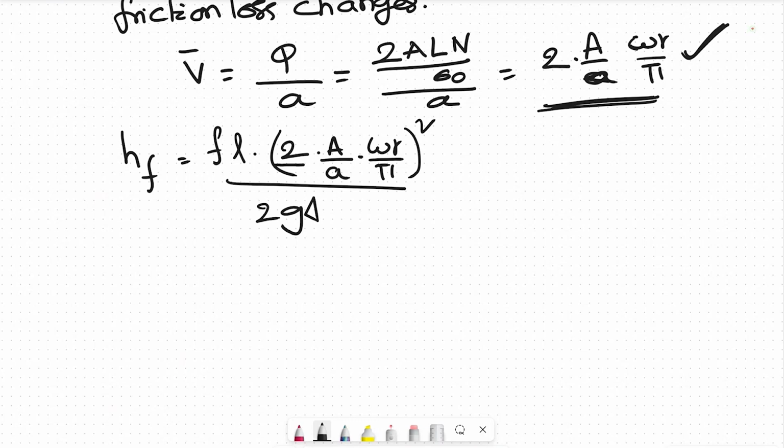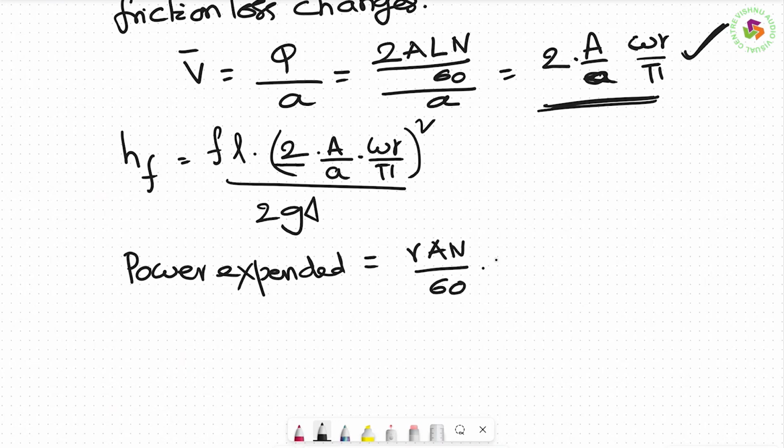This is the thing, 2A by a always, that you should remember. Therefore, power expended is equal to gamma AN by 60 into L into this HF.